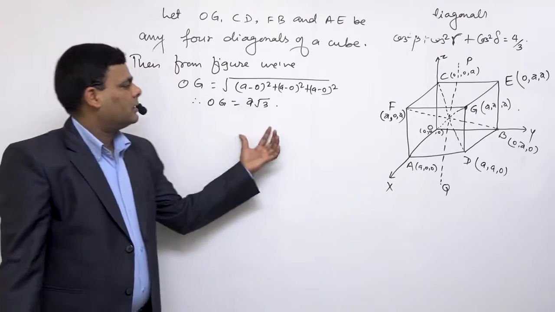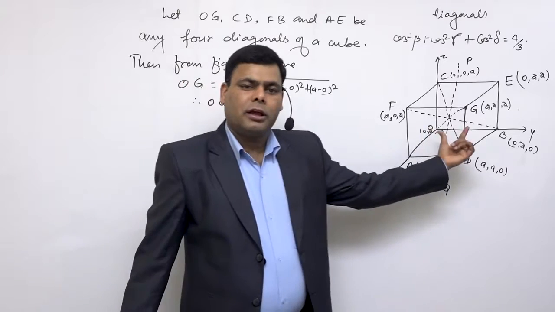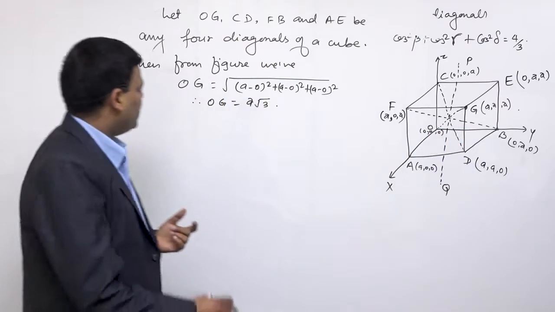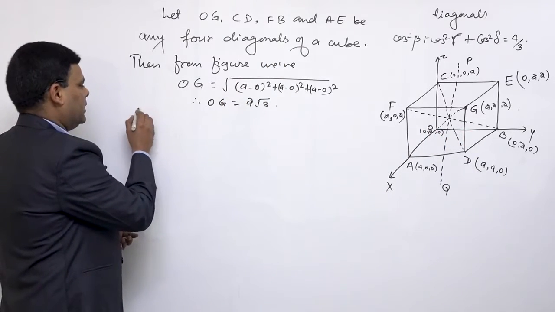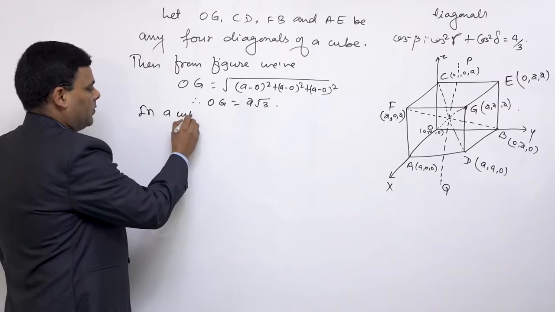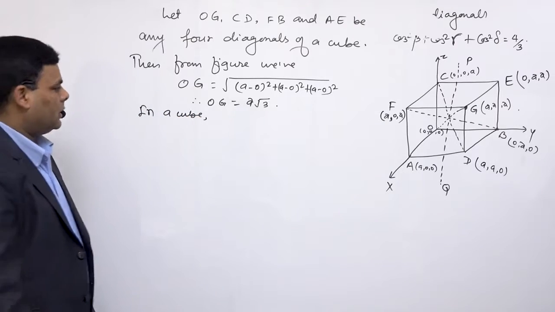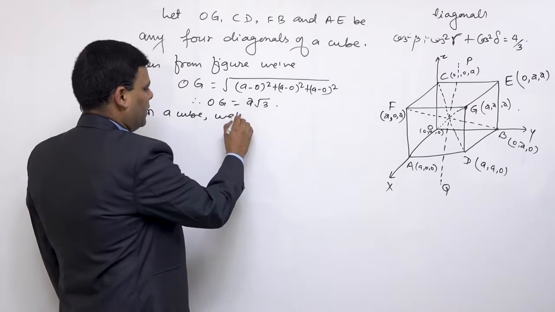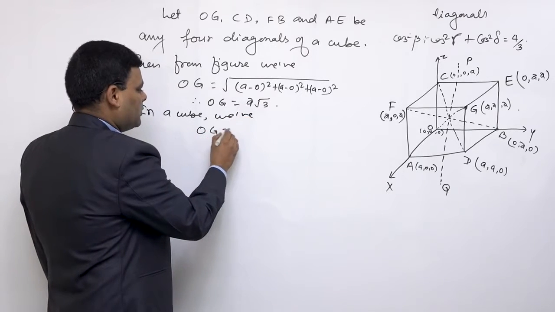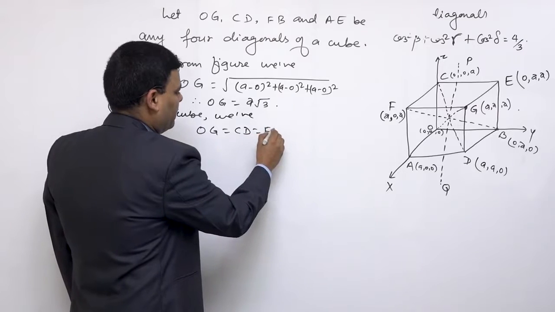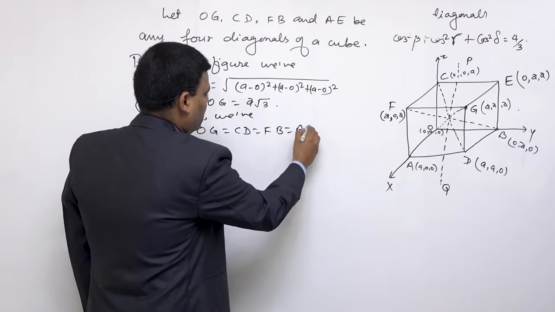But in a cube all the diagonals are of equal length. That's why in a cube we have OG equals CD equals FB equals AE.